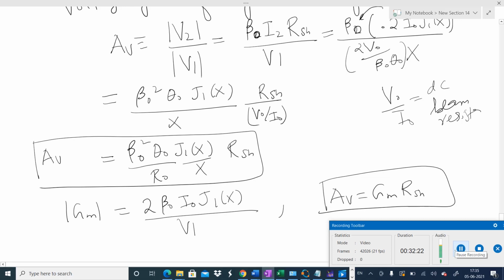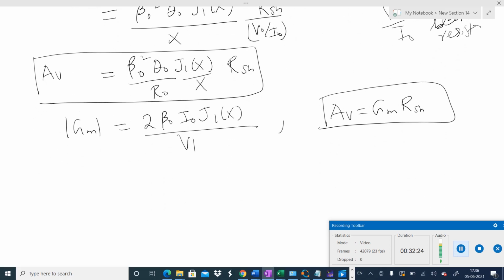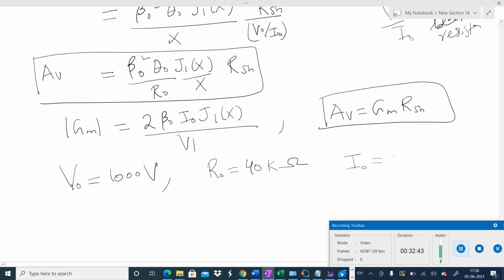Let's take some practical values. Suppose a two cavity klystron usually can have a DC voltage of 1000 volt. Okay, and the DC component resistance can be 40 kilo ohm, and the current corresponding to the DC component is 25 milliampere, and let the frequency be 3 gigahertz, a typical lower side of microwave frequencies.